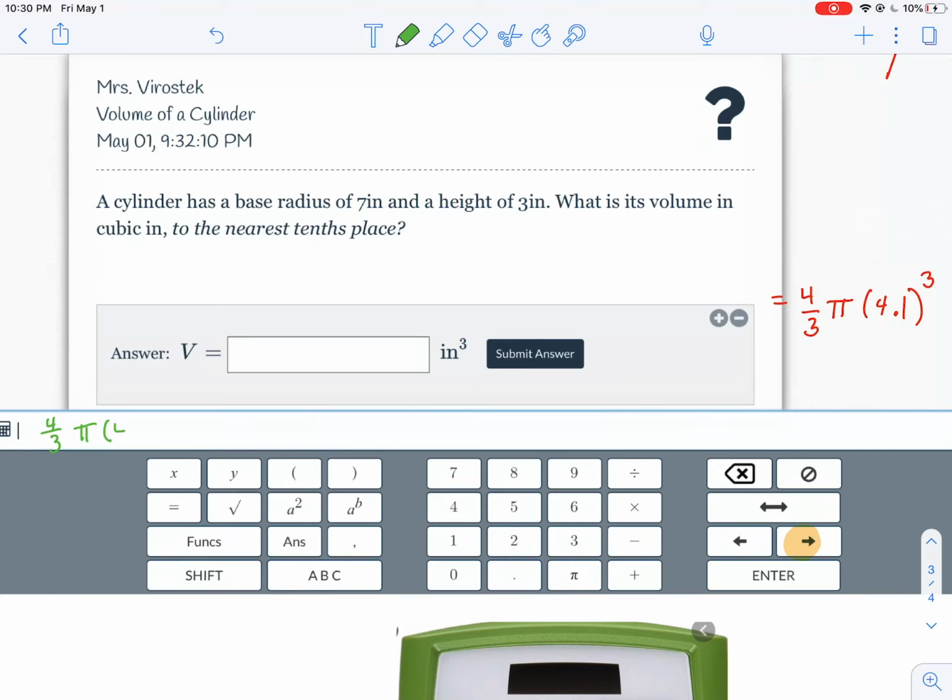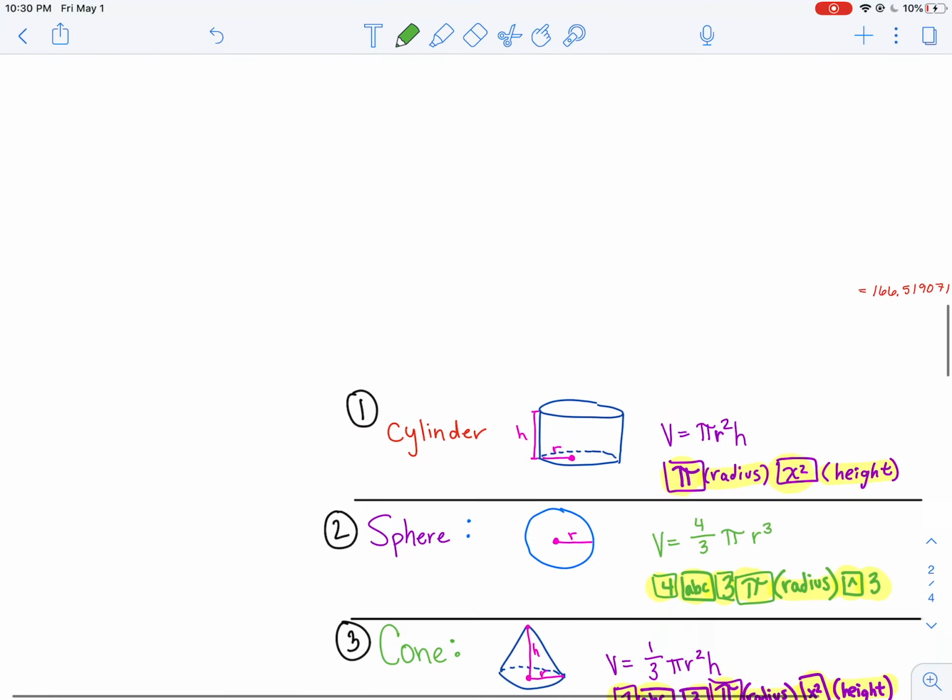Now the tricky part is putting in that caret. That caret is going to be that button that I just pressed there, a to the b, and then you're just going to hit 3 because you're raising it to the 3rd power, and when you do so, the exponent will show up. Once again, your answer is over there.